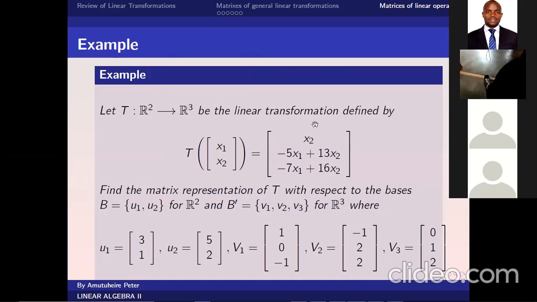It works on them like this and it returns vectors in R3 given by that. So we want to find a matrix representation of T with respect to bases. B is the basis for R2 and B prime, which has V1, V2, V3, is the basis for R3, and U1, U2 is this.